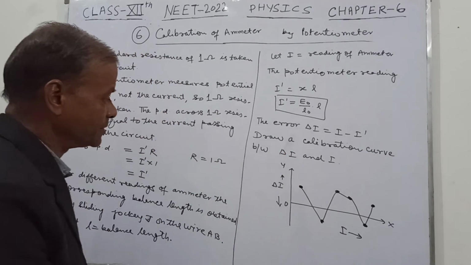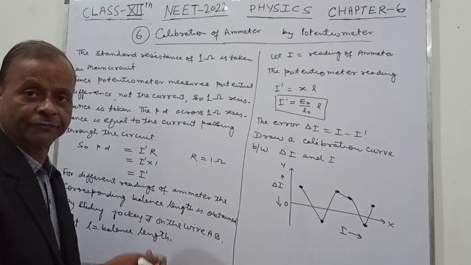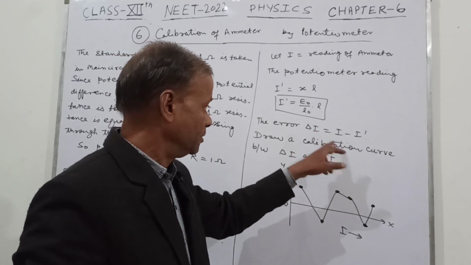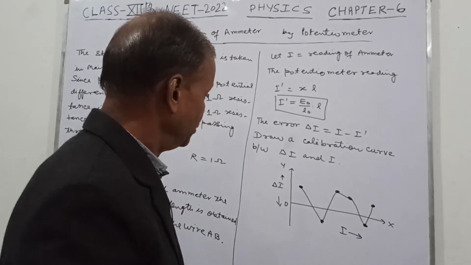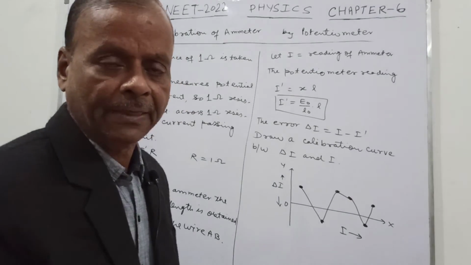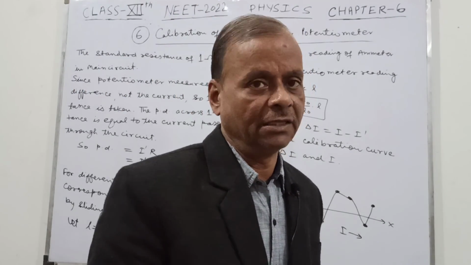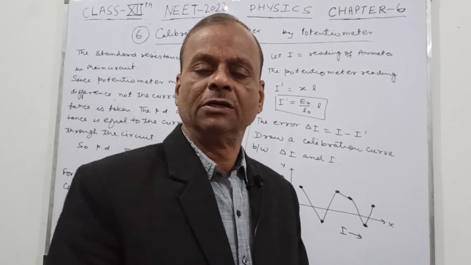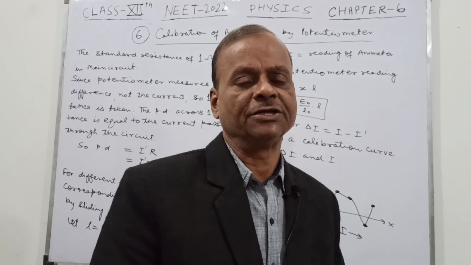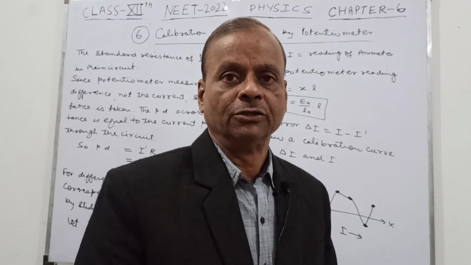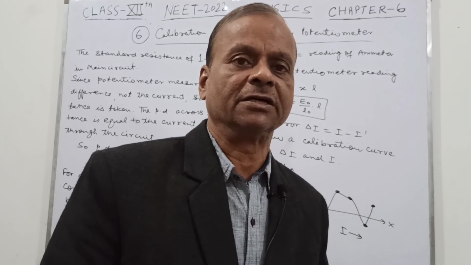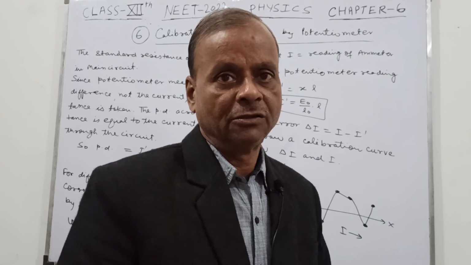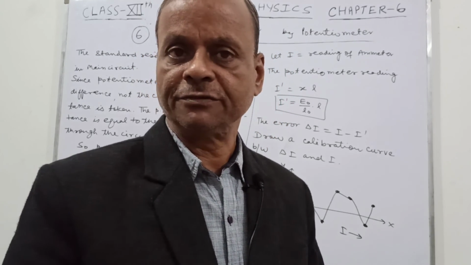So from this calibration curve we can obtain the error, and then you can just compare the values of I and I dash. When this error is coming out to be very less, only then the instrument is okay. So this calibration curve gives you that how much is the error in the ammeter readings.